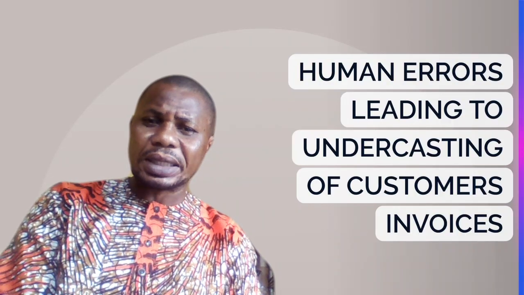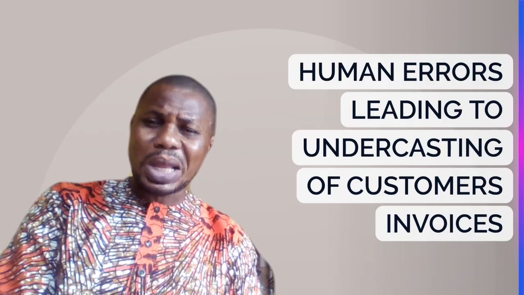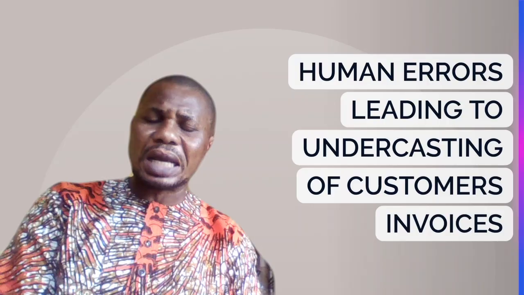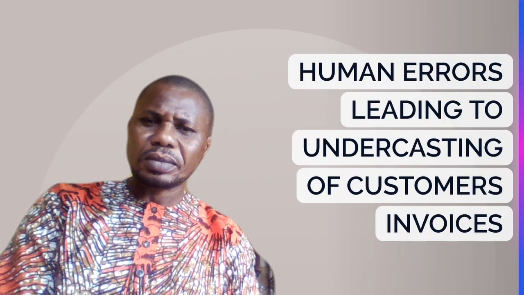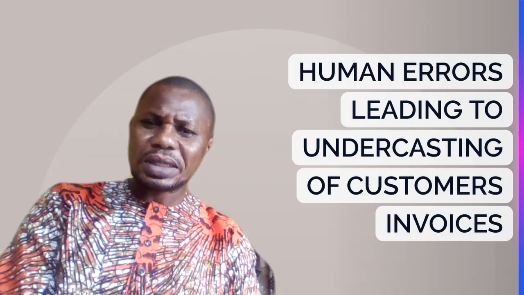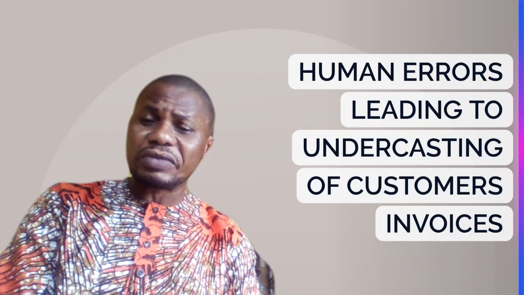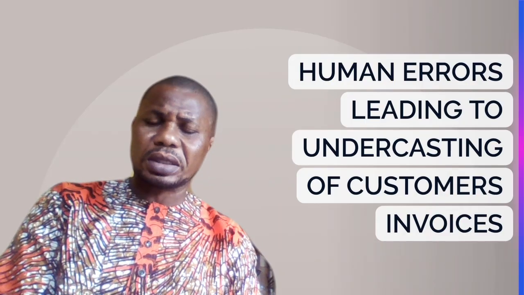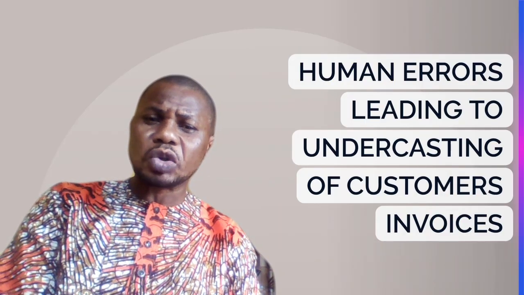But if you put the right things, the total in particular is exactly what it is. There is no overcasting, there is no undercasting. Do you get? That is one of the advantages of going computerized or automated. You will avoid some of these human errors.